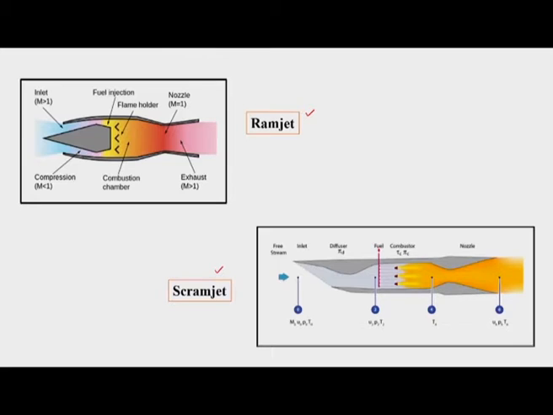Their intake requirement is where we wouldn't have any turbomachinery or rotating parts. In a turbojet engine, we had seen that there is a compressor which is run by a turbine, and we also discussed in our aircraft engine lecture that when we do not need any compressor, we would not need any turbine.